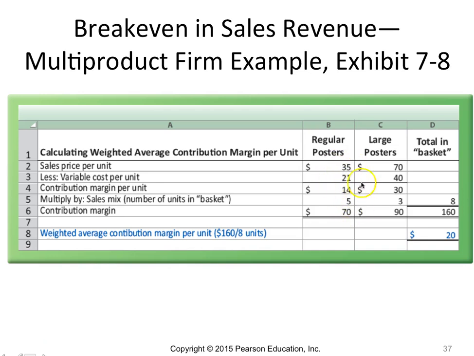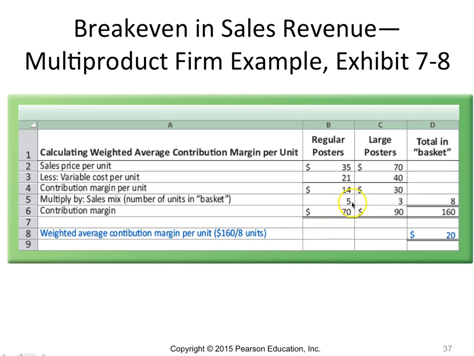They have different posters, so your sales will be two different posters, and you're going to have a variable cost per unit that differs. You're going to have a contribution margin for each one that is different.